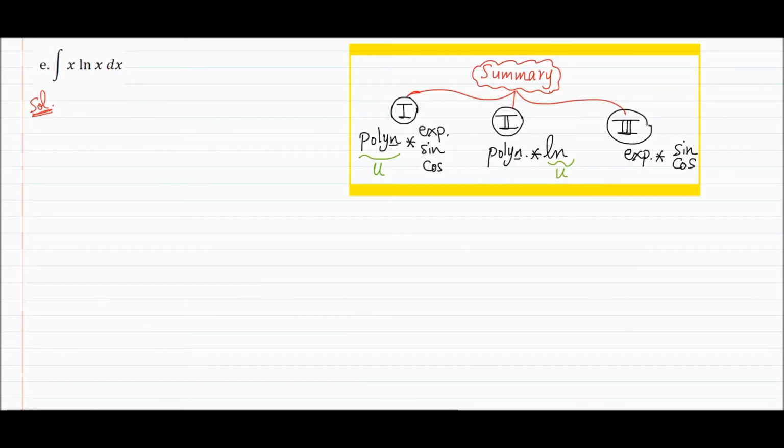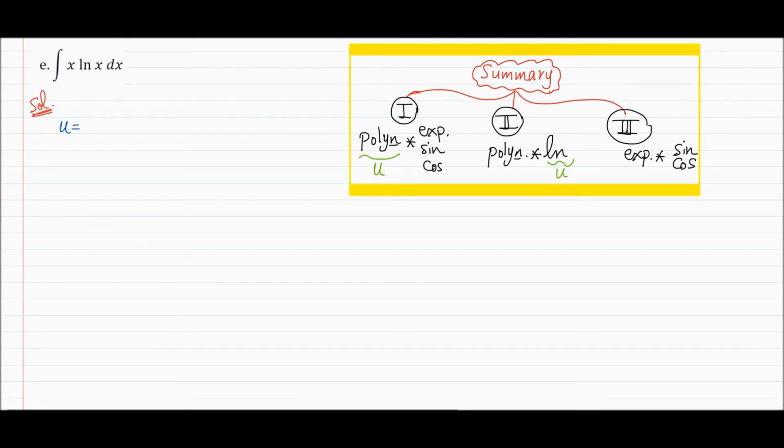And now let's go to solve number E, integration of x ln x dx. Here you have a polynomial multiplied by a logarithmic function. So this problem will be of type 2, or group number 2. So you have to select u as the logarithmic, or the ln function. So now I have to make the format of my solution.